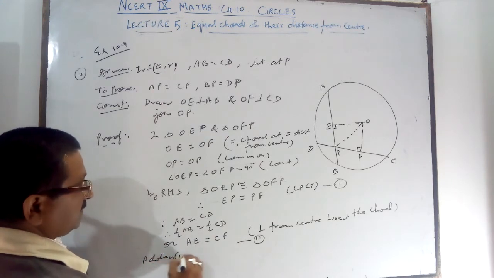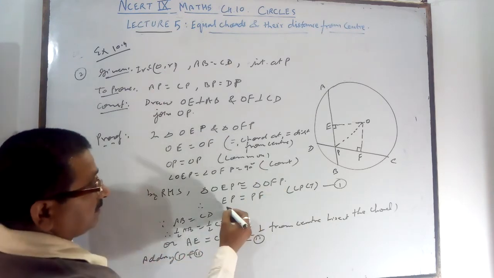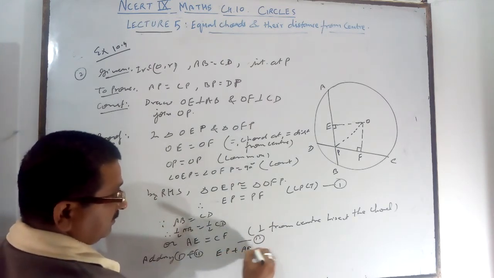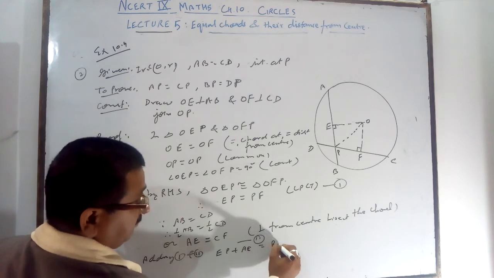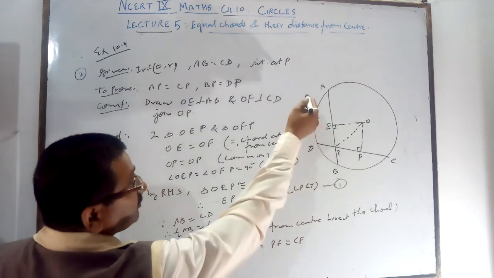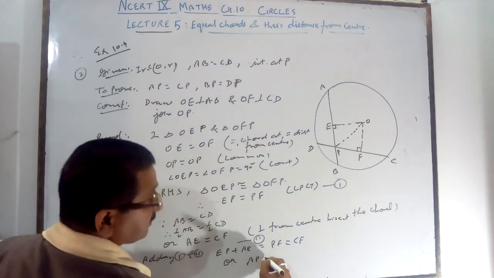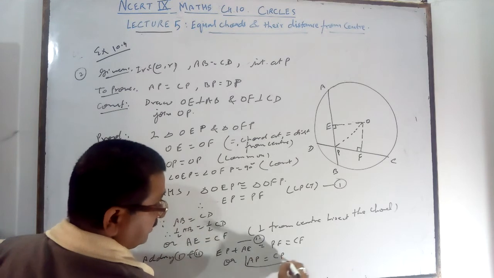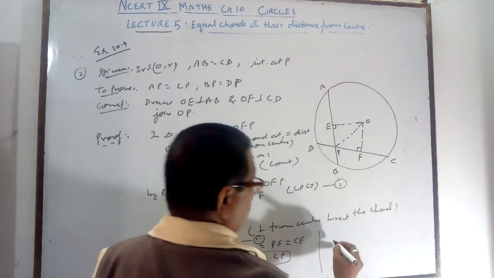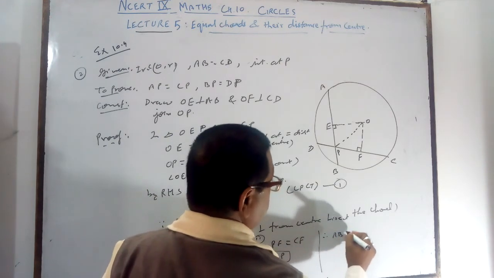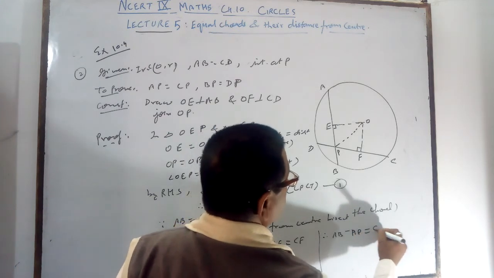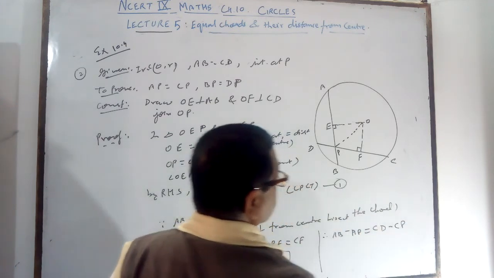Adding first and second, EP plus AE is equal to PF plus CF. From the figure, AE plus EP is AP, which is equal to CP. Hence proved. The first part is proved. The second part: AB is equal to CD, and AP is equal to CP, therefore AB minus AP is also equal to CD minus CP.